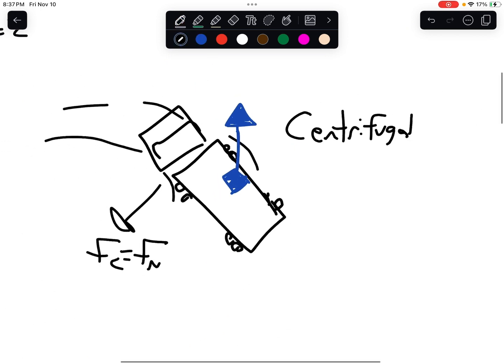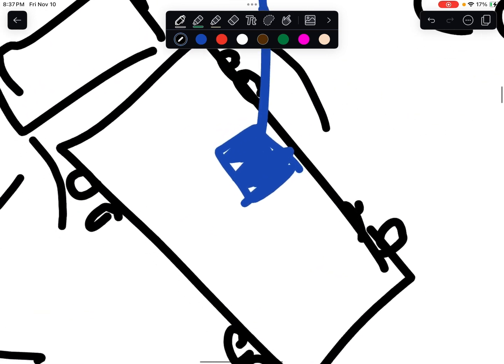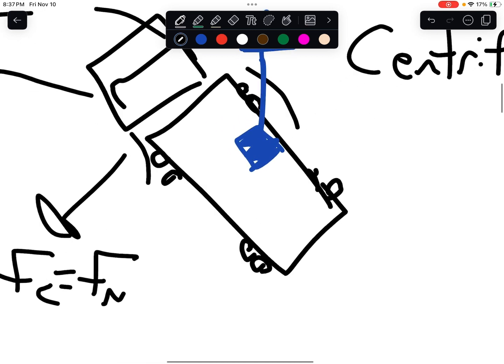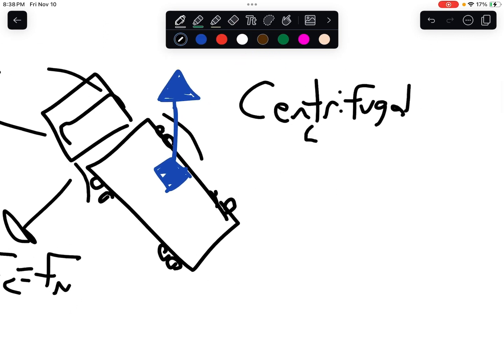But a centrifugal force does not actually exist, right? It's just caused by the fact that this ice was already moving in this direction, and the ice, like anything else with mass, has inertia. So if there's anything about centrifugal force, just know, conceptually, centrifugal force is actually just inertia.